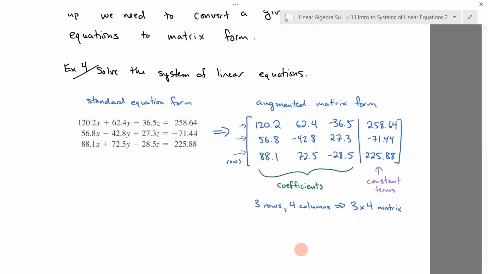Rows go across like this, columns go down like this. So it has 3 rows and 4 columns, and we call it a 3x4 matrix. The first number is the number of rows, and the second number is the number of columns. Okay, so we put it into the calculator as a matrix.